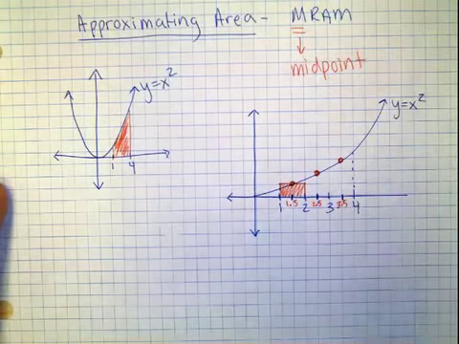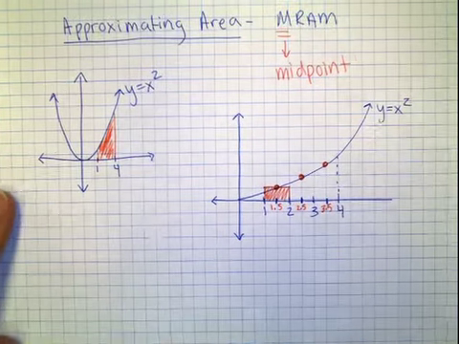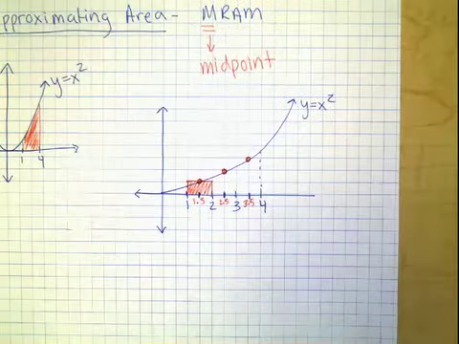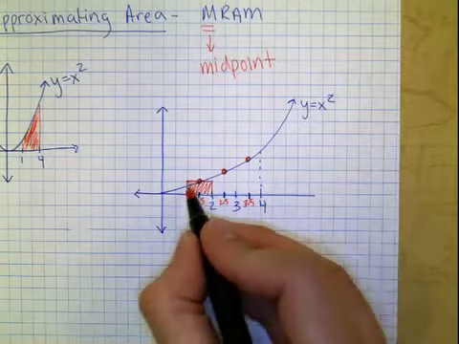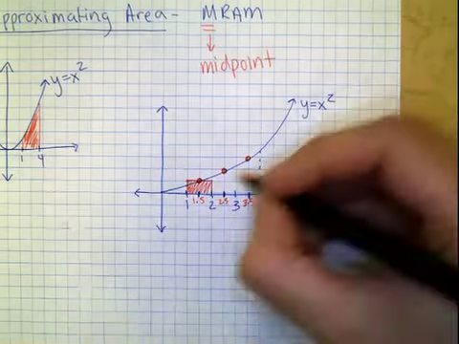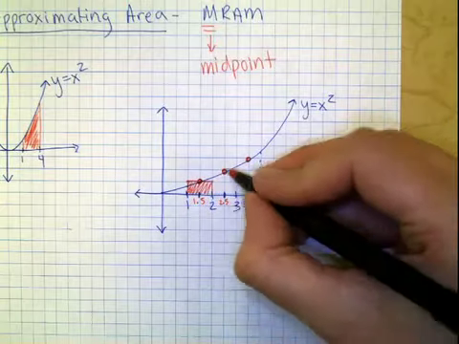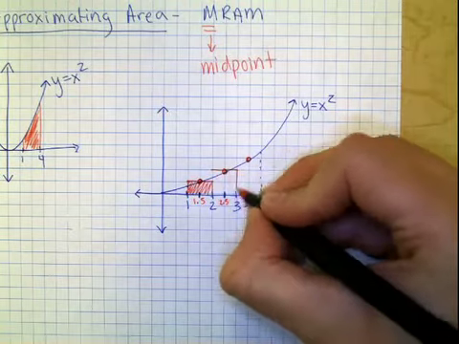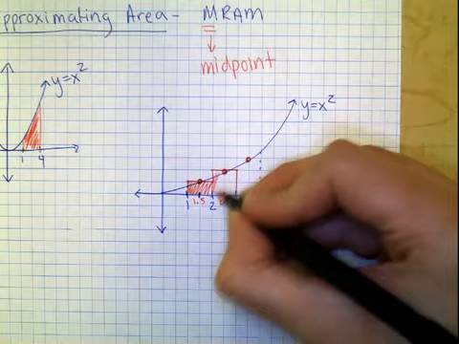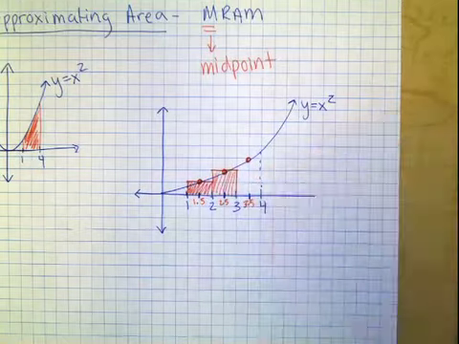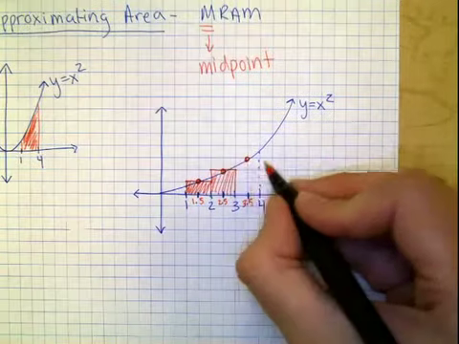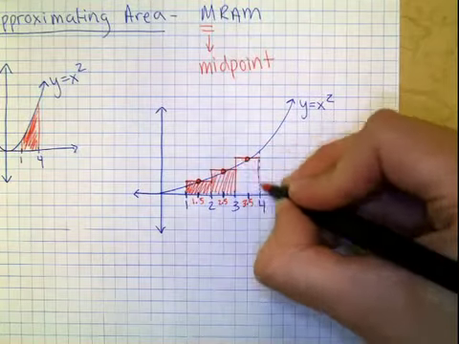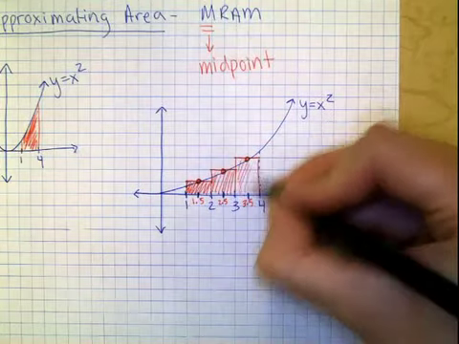Let's zoom in a little bit here. Hopefully this doesn't make the video get all shaky. See how I'm drawing the line straight through the midpoint? For the next rectangle, if this is 2.5, I'm going to draw a line that goes straight through 2.5 on the curve and down. That'll be my next rectangle. And the last rectangle, the same story: at 3.5, I draw a line through the curve, straight down. And there's my third rectangle.